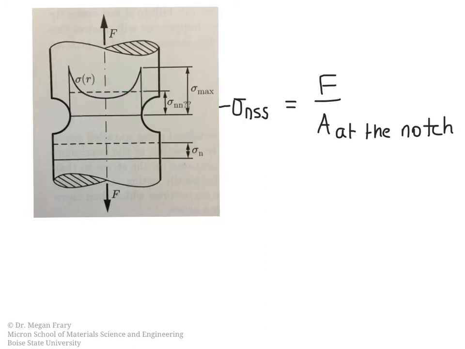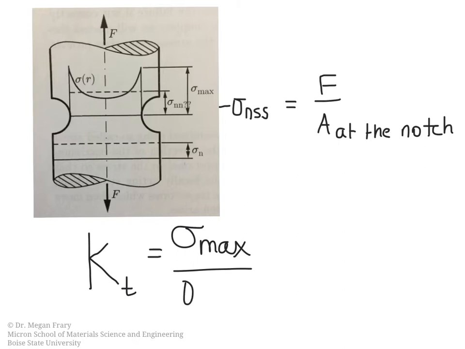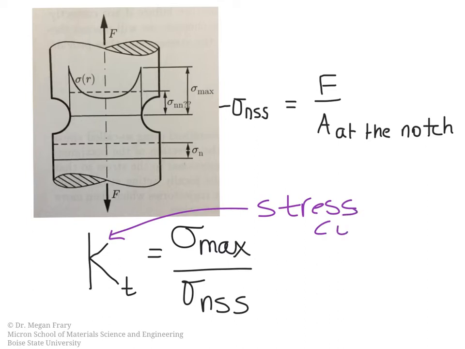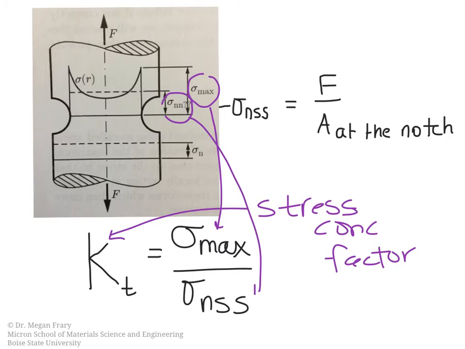The stress concentration factor is defined as K sub T, and this is sigma max divided by sigma NSS. So KT is our stress concentration factor. It's comparing sigma max, how much it is increased at the notch, to the net section stress.